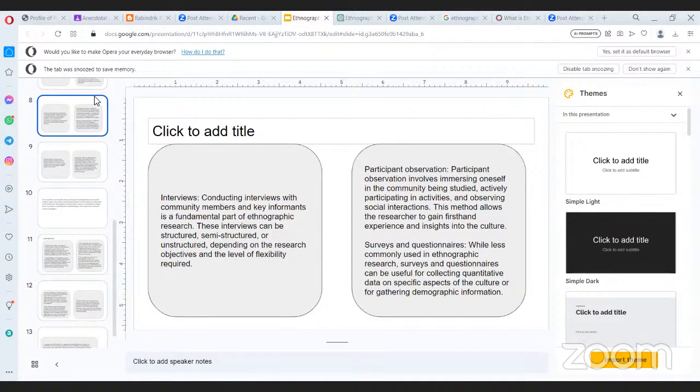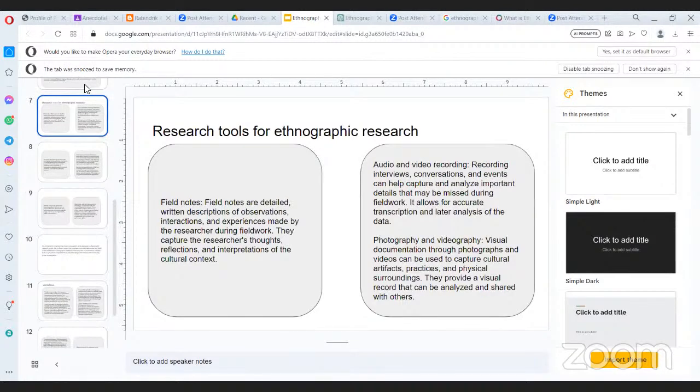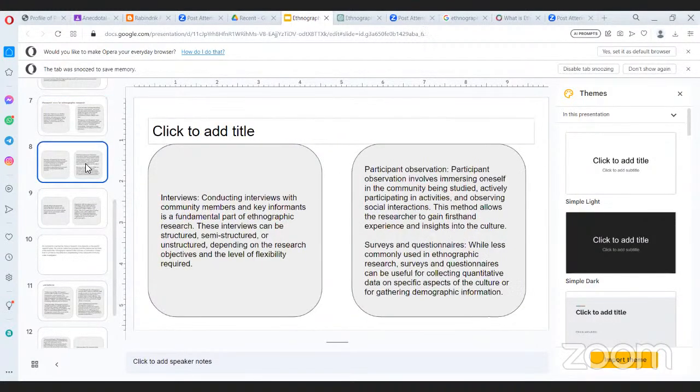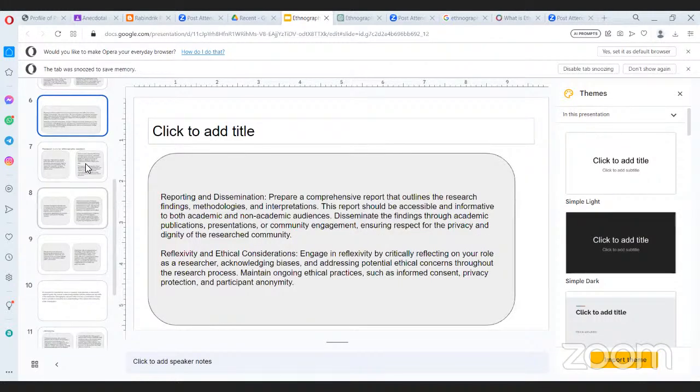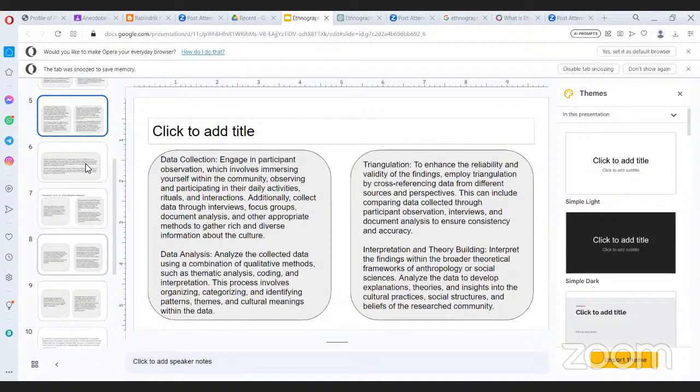Participant observation involves immersing oneself in the community, not the anonymity, actively participating in activities and observing social interactions.